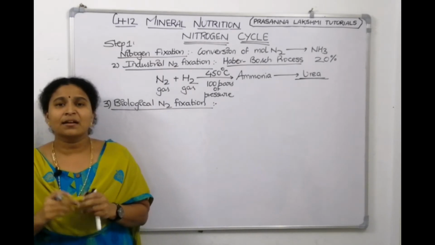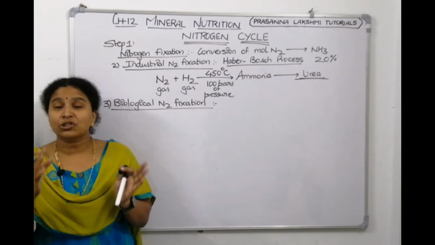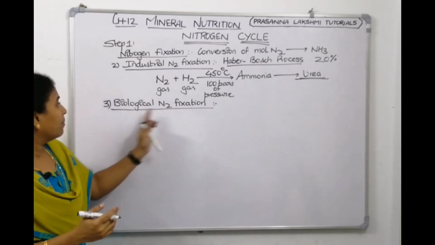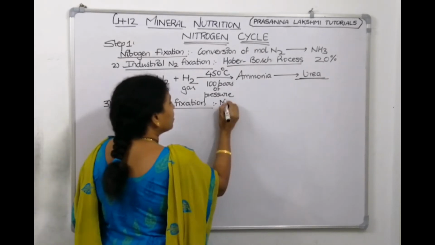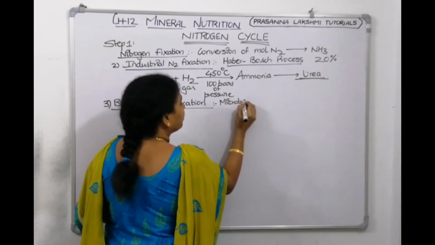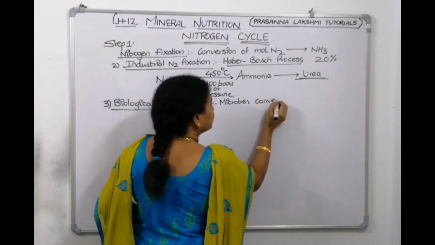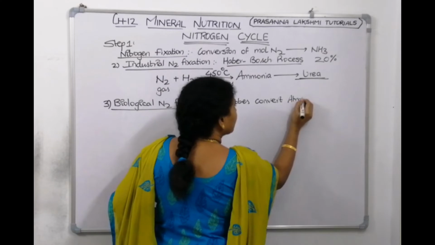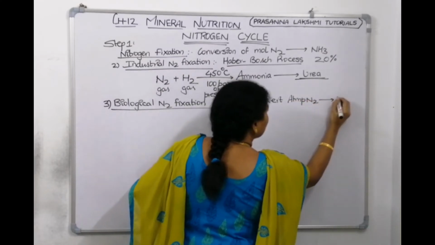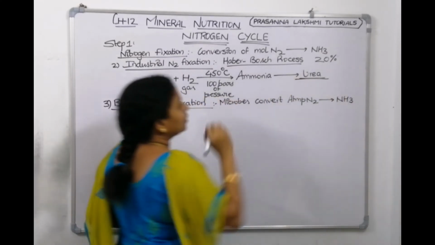Microorganisms help in conversion of N2 to ammonia. Biological nitrogen fixation means where microbes convert atmospheric nitrogen to ammonia, right?